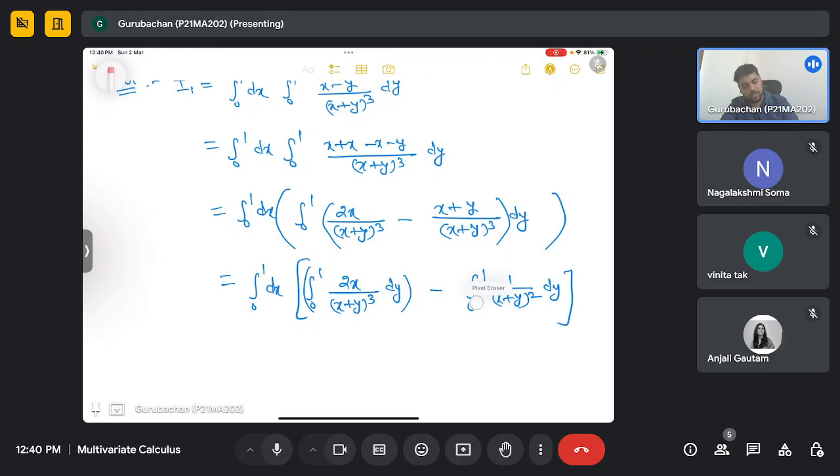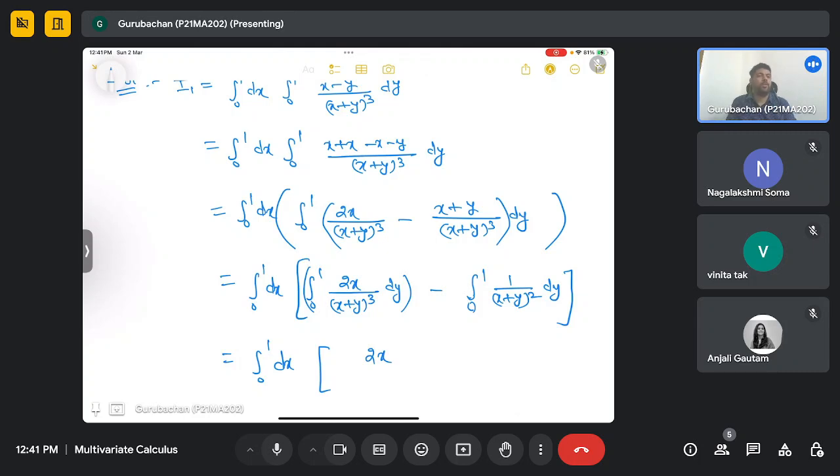So this will be our integral now. Now we are integrating with respect to y, so we will treat x as constant. So this integral value will be 2x.